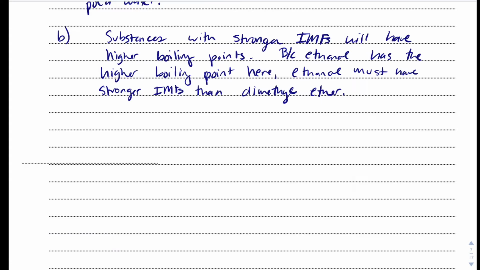Okay, now ethanol has LDFs, as does everything. Dipole because it's polar, and I know it's polar because it has hydrogen bonding. If it has hydrogen bonding, you can go ahead and say it has dipole.